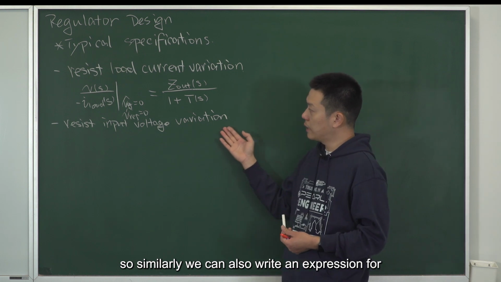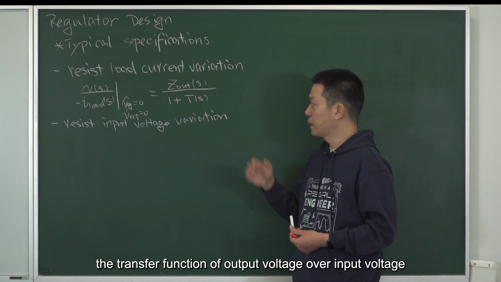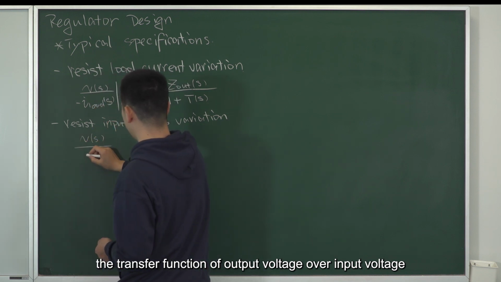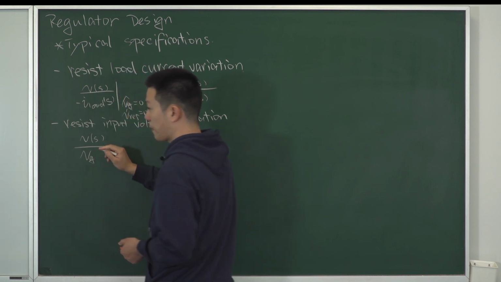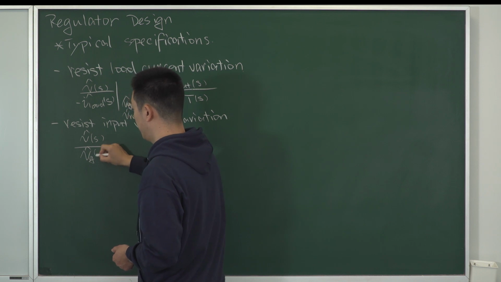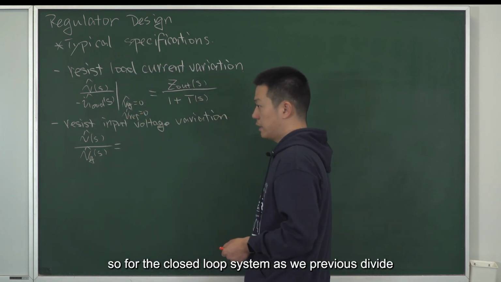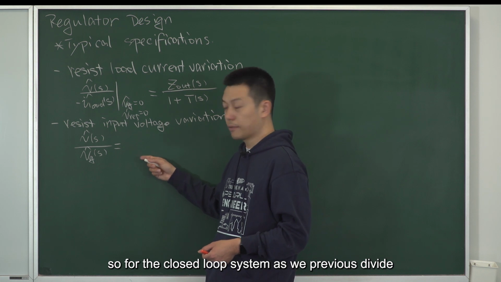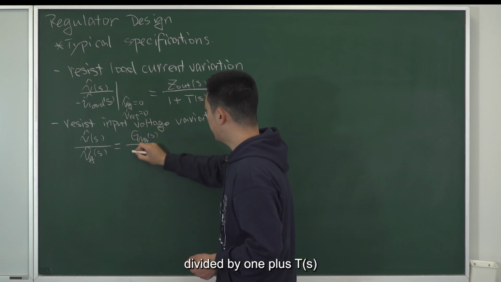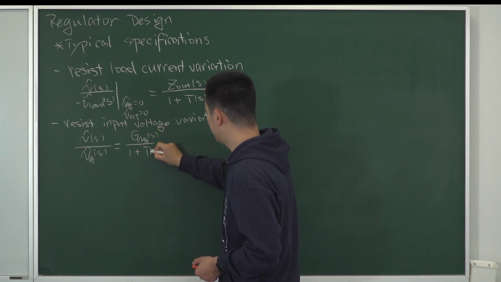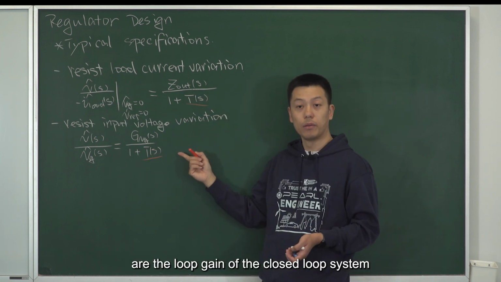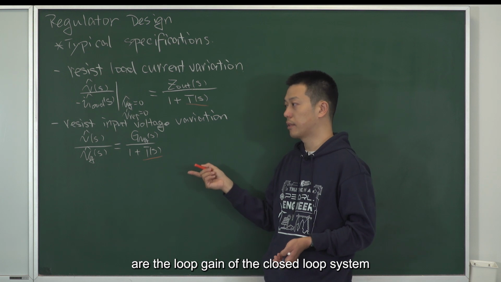So similarly, we can also write an expression for the transfer function of output voltage over input voltage, small signal. So for the closed loop system, as we previously derived, this should be equal to the transfer function G_vg divided by 1 plus T(s), where the T(s) here is the loop gain of the closed loop system.